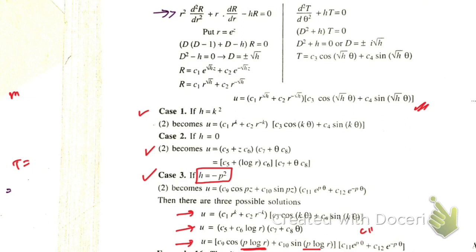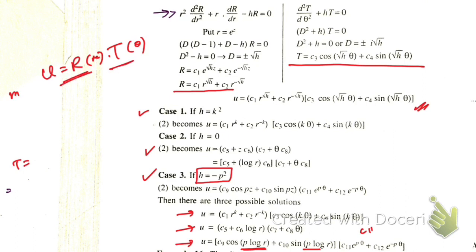So here you see we have got this solution for capital R and capital T. We have considered u, which is a function of small r, into capital T, which is a function of theta. If you put the values of capital R and capital T here, then you can get this solution.